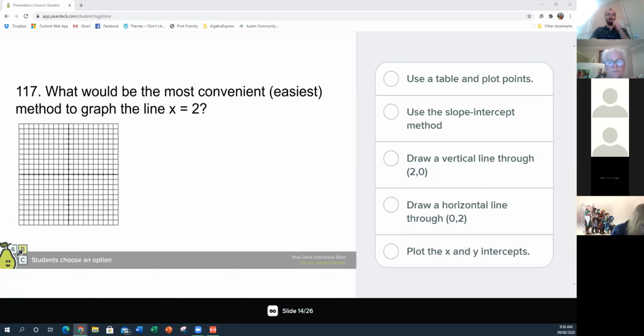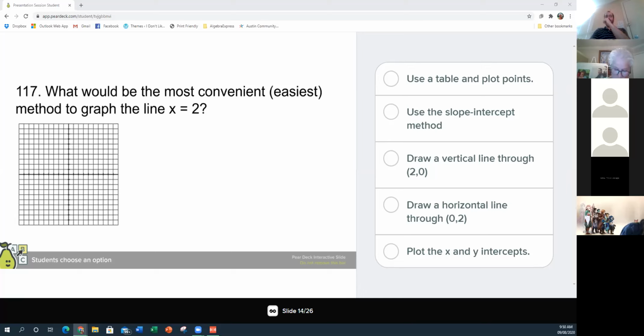If you're trying to graph something on the x-axis, you graph it vertically, but if it's on the y-axis, you graph it horizontally. If it's x equals a constant, is that what you're saying? Yeah, like a single number. It's not a variable.